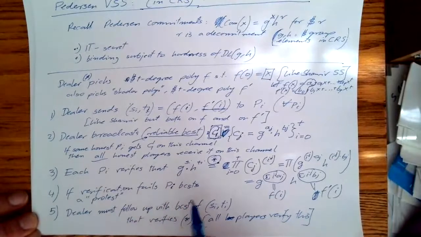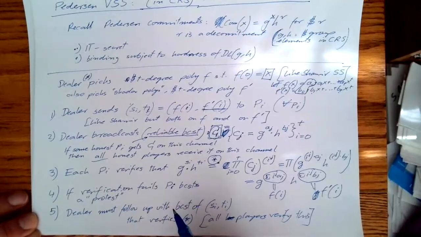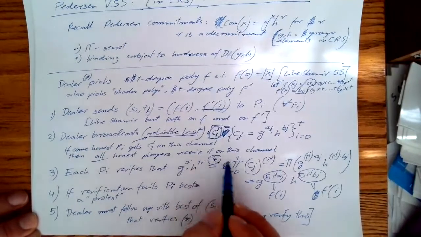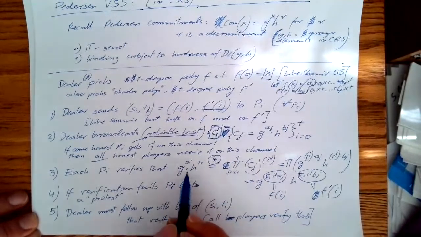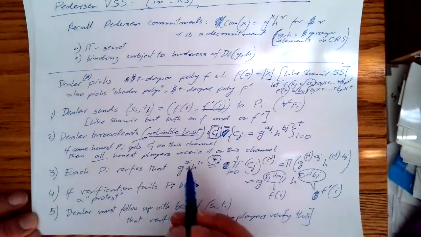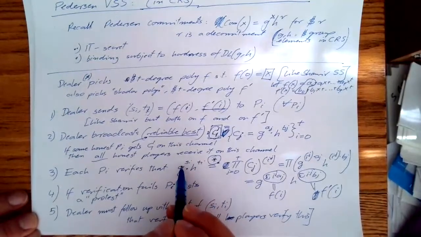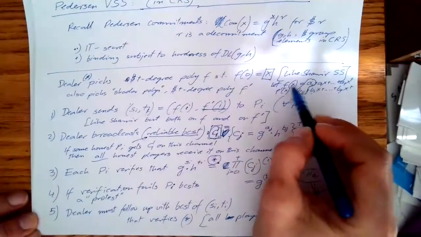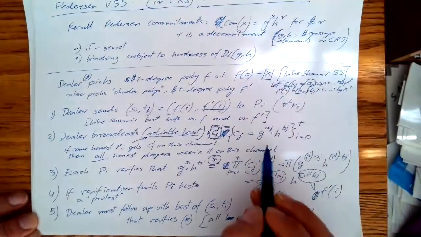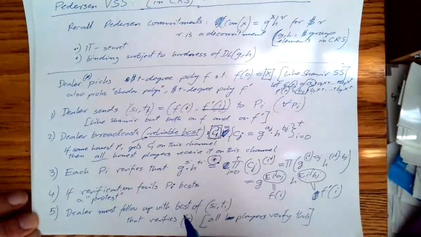If there are T+1 good players in the system who accept it, then there are T+1 good shares. So there are T+1 shares which will pass this equation, and these SIs will interpolate to this unique secret sharing polynomial that was committed in here.